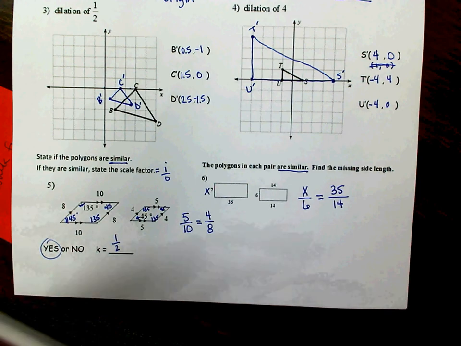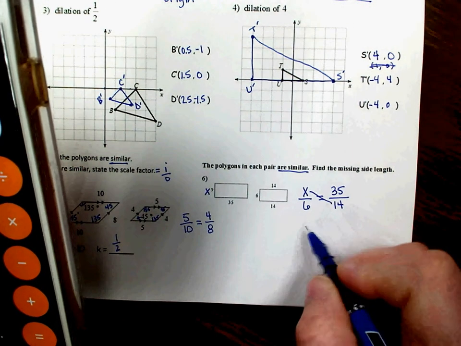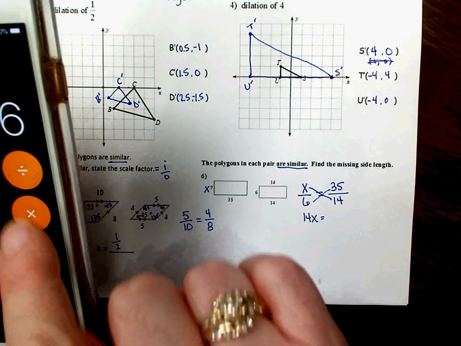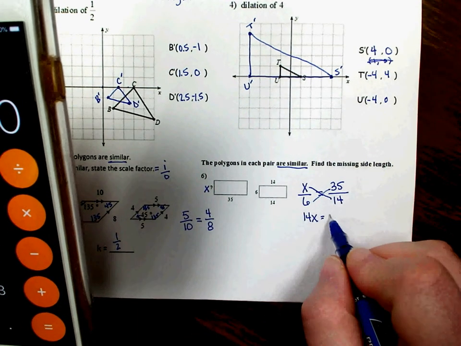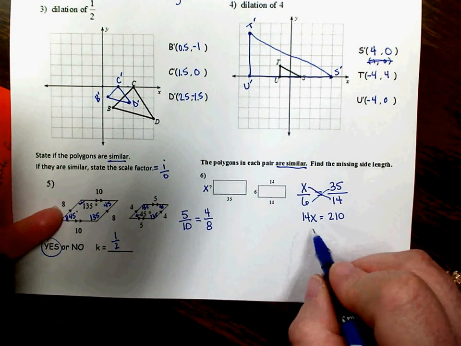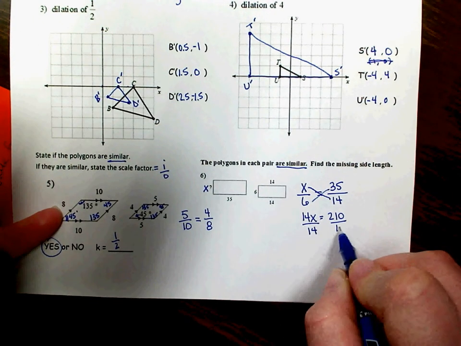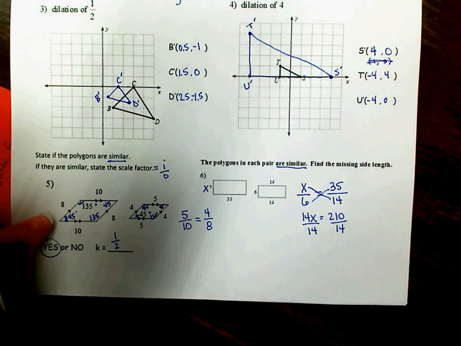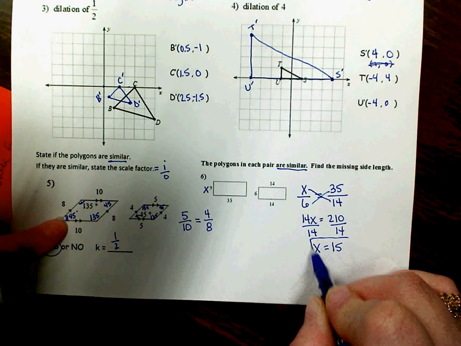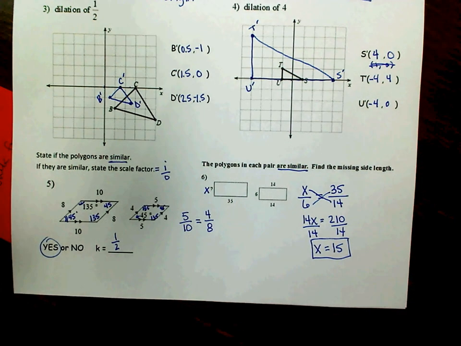X times 14 is 14x. 6 times 35 is 210. So we would undo the multiplication of 14 and x by dividing by 14 on both sides. And so we should get x is equal to 15. There were no units that were given, so it's just 15 units, whatever that the case may be.